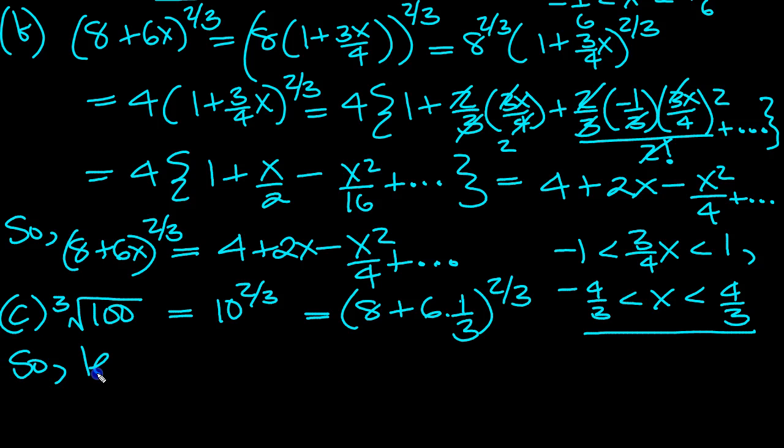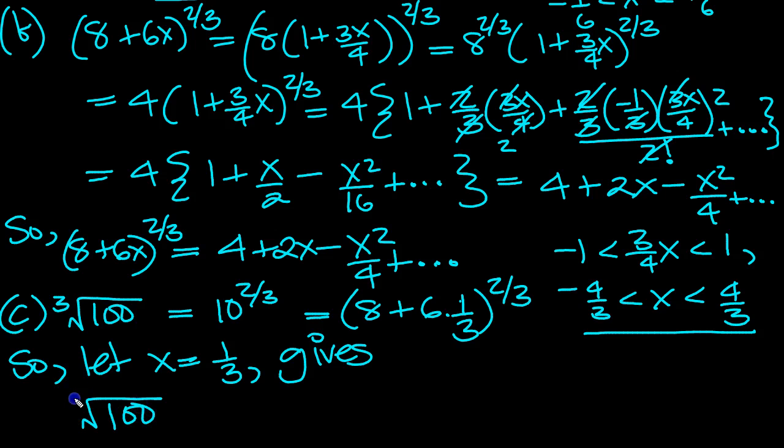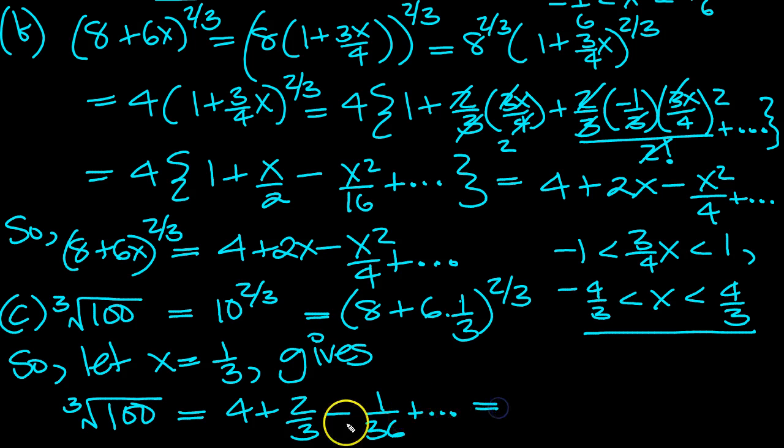So we can see that we can make the correspondence now. So let x equal 1/3, which is in the range, gives, so this will then be the cube root of 100, won't it? Is equal to 1/3, so 4 plus 2/3 minus, and then a third squared is a 9th, so I'll just put it down straight away, and 9 fours are 36, plus dot dot dot, which equals 4 and 2/3.